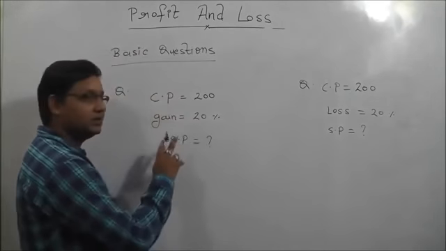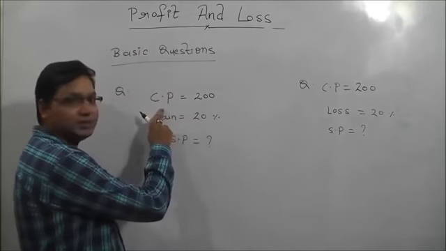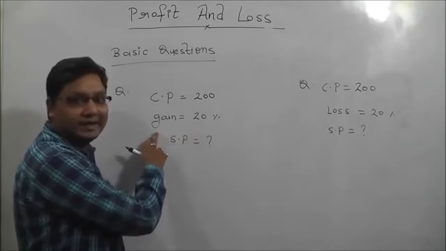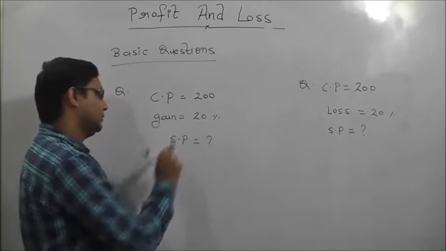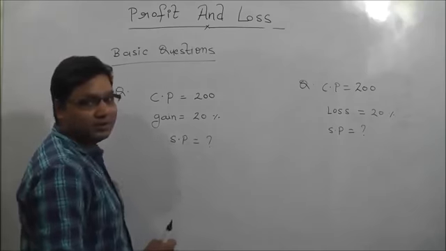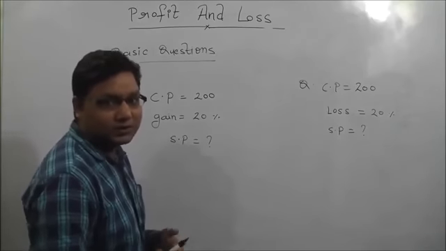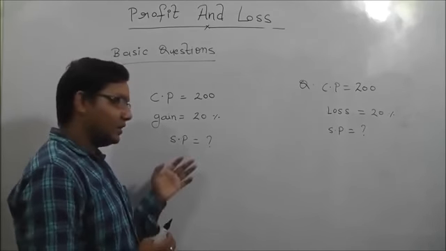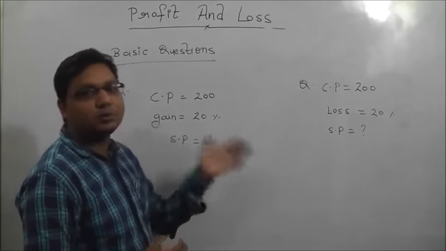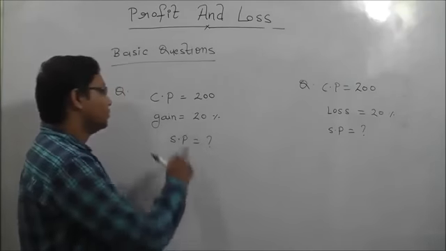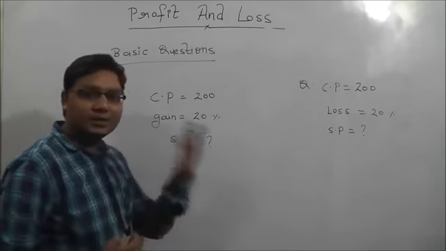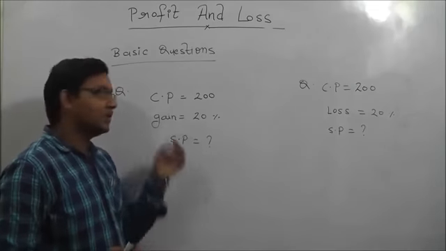The first question is: cost price is given as 200 rupees, gain percent is given as 20%, and we have to find the selling price. This is a very basic question, but I am explaining it because you will know how to approach such questions.